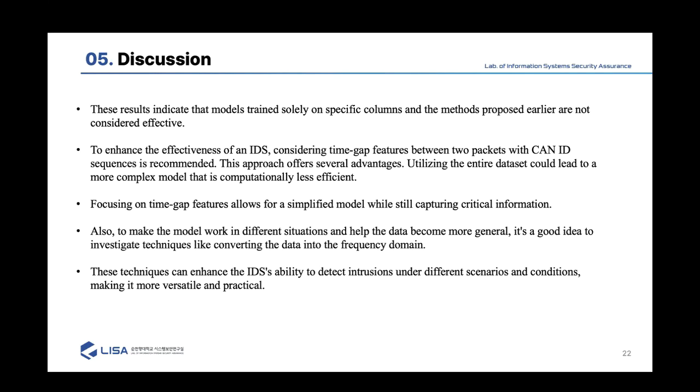This approach offers several advantages. Utilizing the entire dataset could lead to a more complex model that is computationally less efficient. Focusing on time gap features allows for a simplified model while still capturing critical information.